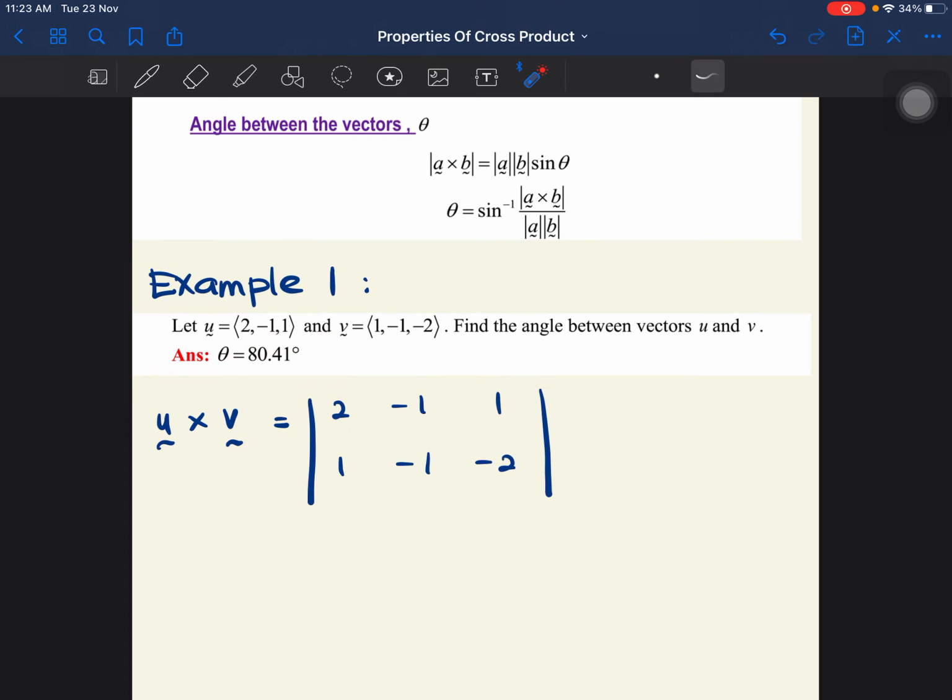So how to solve this one? For the first component, we delete the first column, so we are going to find for this one. You will have 2 plus 1 i. Minus, for the second component, we delete the second column, so you will have negative 4 minus 1.